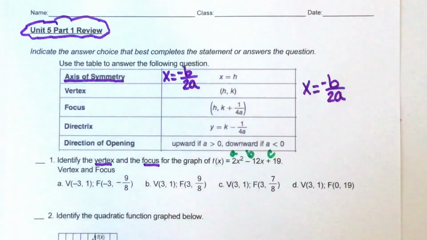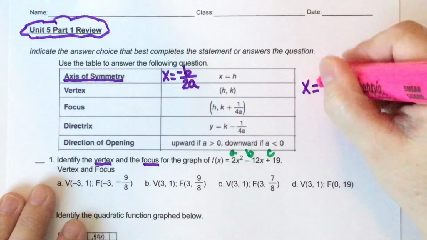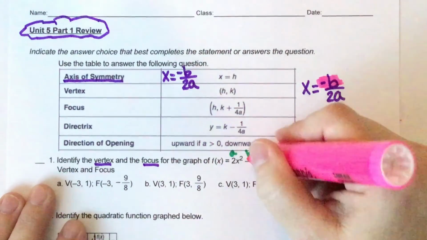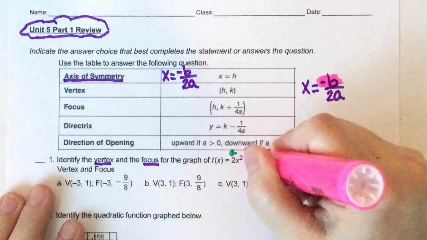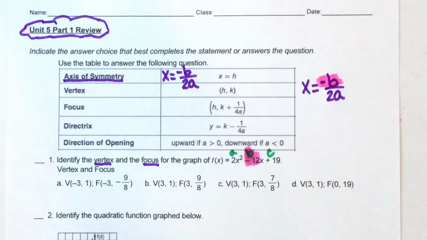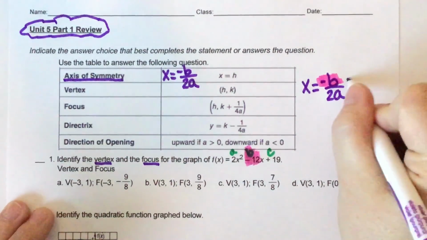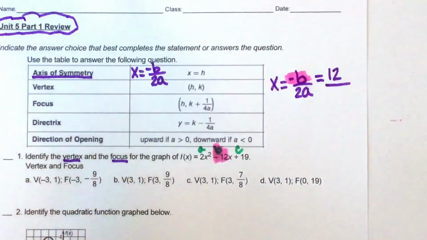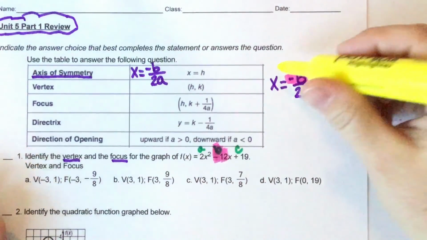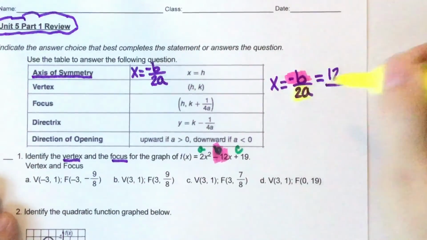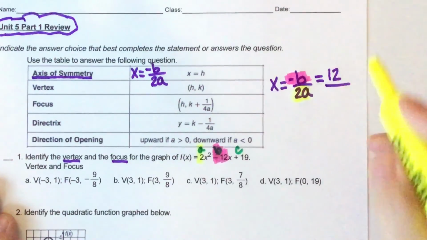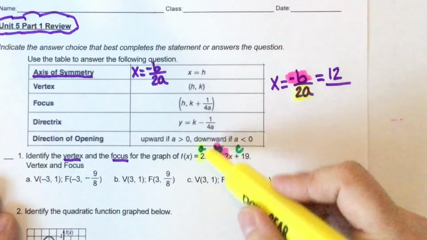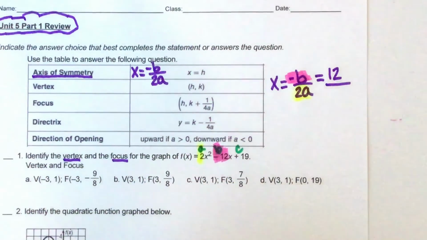So when this formula tells me to take the opposite of b, it's asking me to take the opposite of negative 12. And the opposite of negative 12 is a positive 12. Then it wants me to divide by 2 times my a. Well, a is 2, so 2 times 2 is 4.